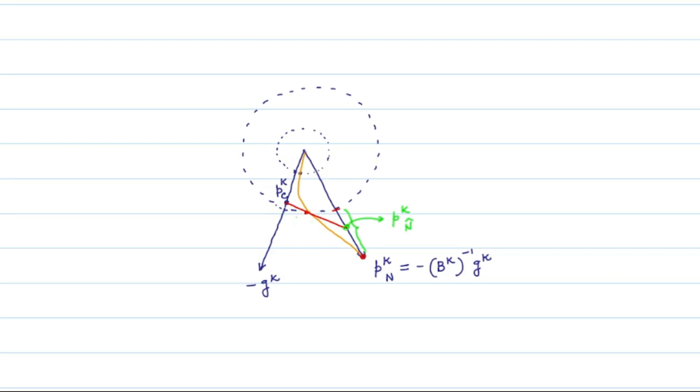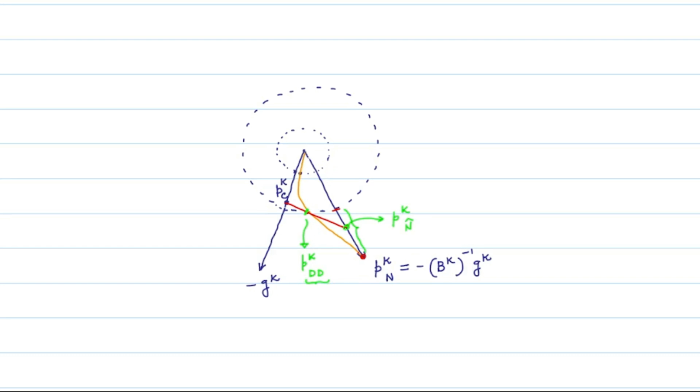Instead of considering the line joining p_k^C and p_k^N, we join p_k^C and p_k^N cap and take the intersection point of this line segment with the boundary of the trust region as the trust region step. We name this step p_k^DD. DD has a very special significance. DD stands for double dogleg.